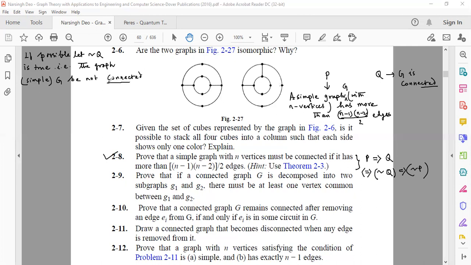If it is not connected, then immediately we can say that G has more than one component in it.